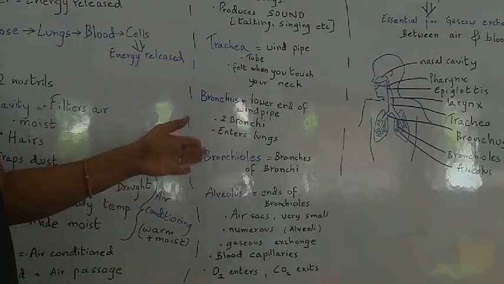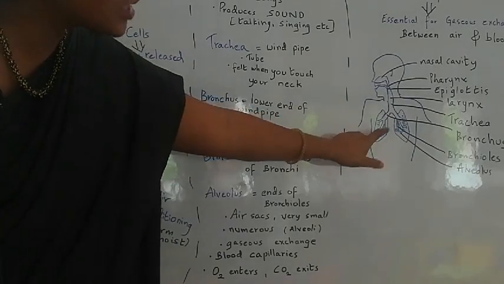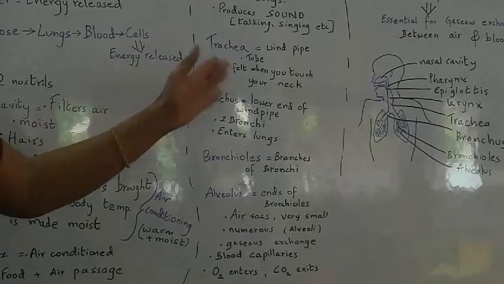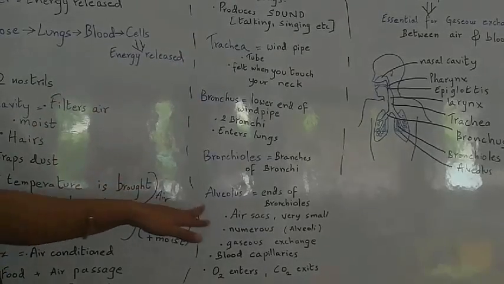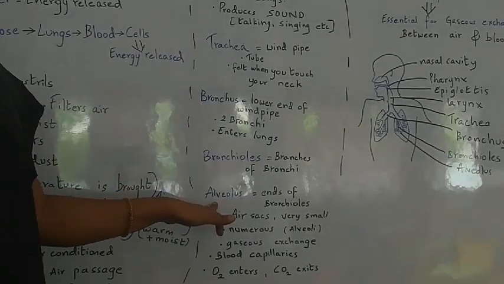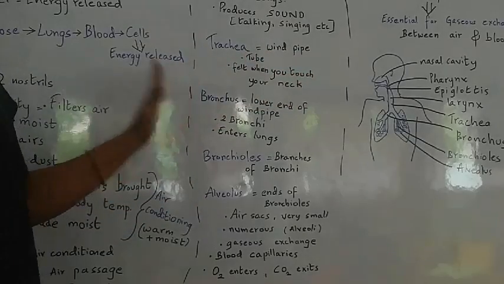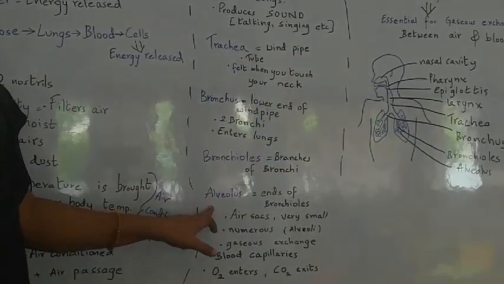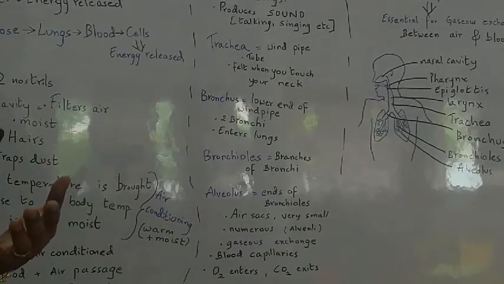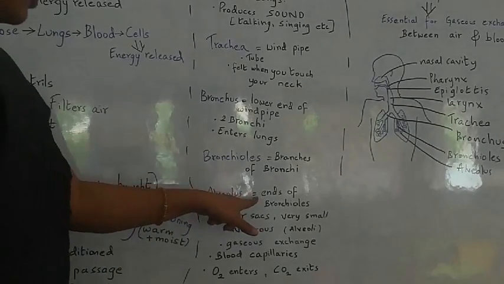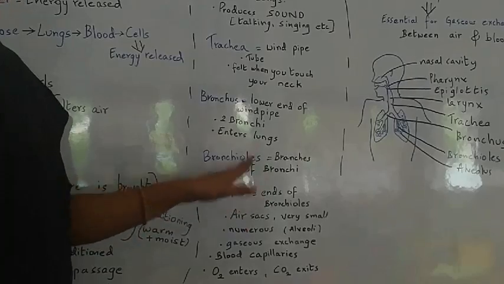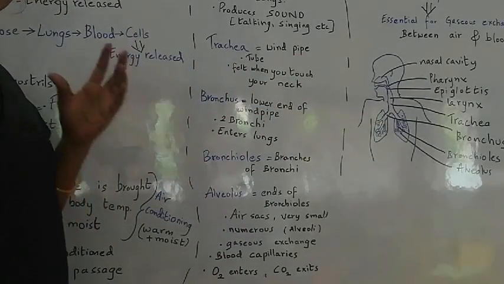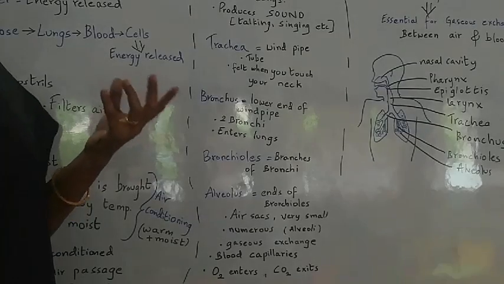Now you can see these sac-like structures. I have shown you with round shaped structures. Those are air sacs, nothing but alveoli. Again, singular, like bronchus, I have told you in the same way. The singular word of alveoli is alveolus, plural is alveoli. Now these alveoli are present at the ends of bronchioles. The bronchioles end like a grape bunch. You know grapes, right?